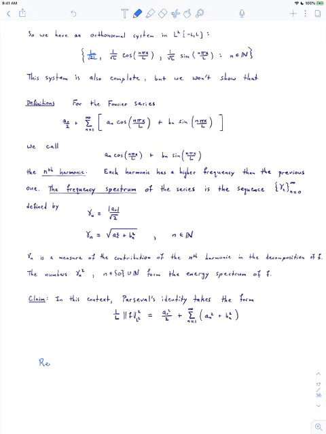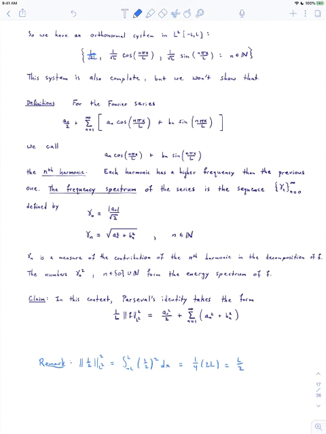So remark, if you just compute the L2 norm of 1/2, well, let's square it. That's going to be the integral from minus L to L of 1/2 squared dx, which of course is 1/4 times 2L, which is L over 2.